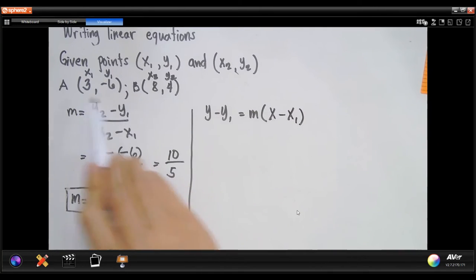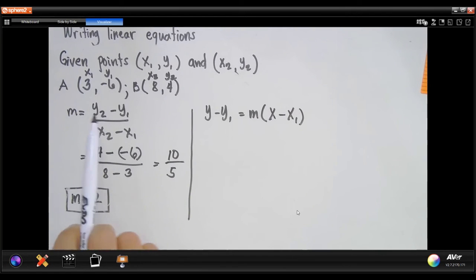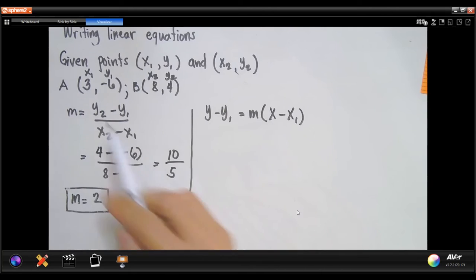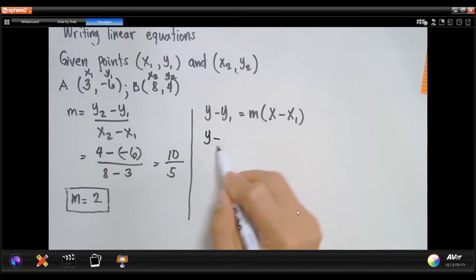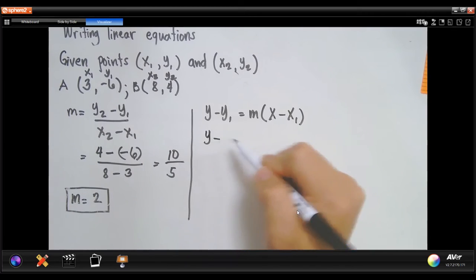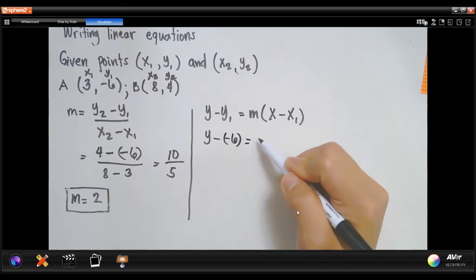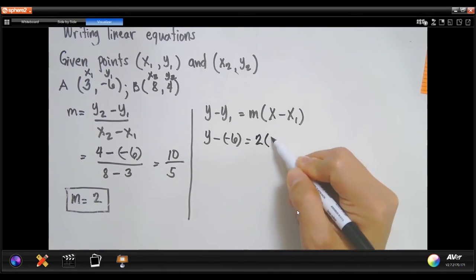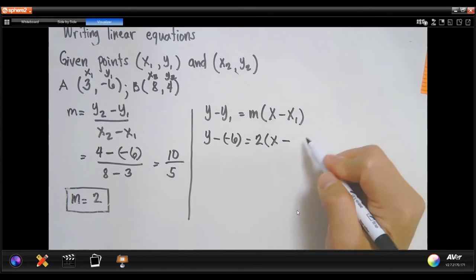So you can use any of these points here. Say, for example, I want to use the first point, which is 3, -6. So let me just plug that in here. Y minus my y is -6 is equal to m, which is 2, times x minus x1 now will be 3.